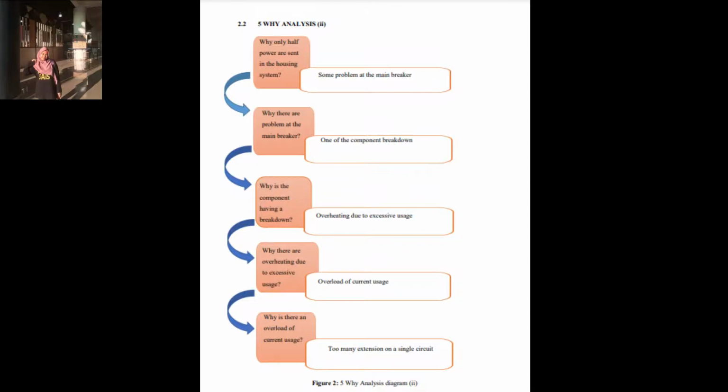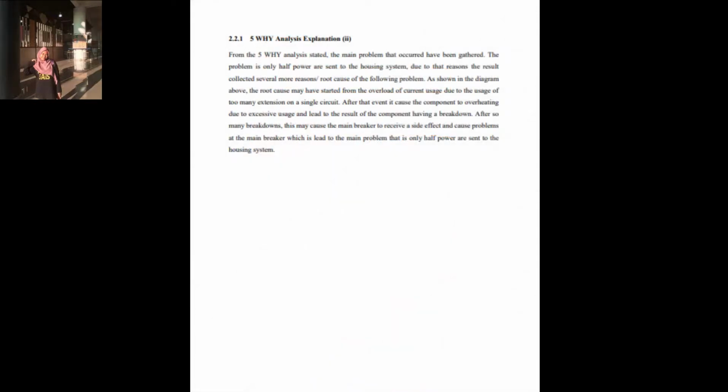of the problem. As shown in the diagram above, the root cause may have started from the overload of current usage due to too many extensions on a single circuit. After that event, it may cause the components to overheat due to excessive usage and lead to the components breaking down.